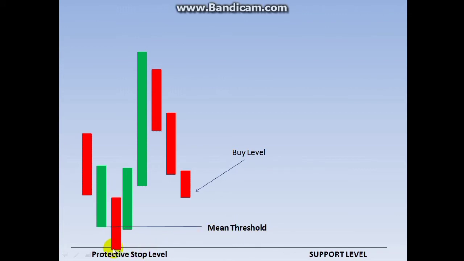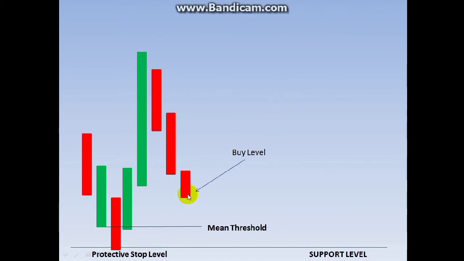So you take your fib and you measure the whole range of the bullish order block. The midpoint, that is referred to as the mean threshold. Sometimes price is probably going to reach for the mean threshold.